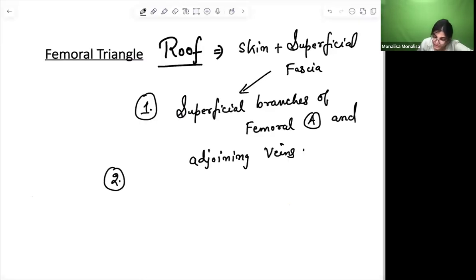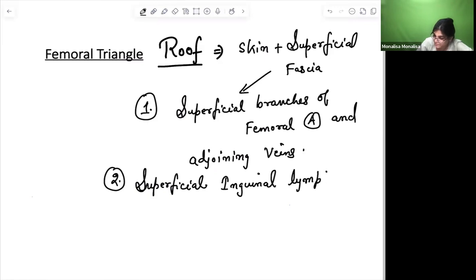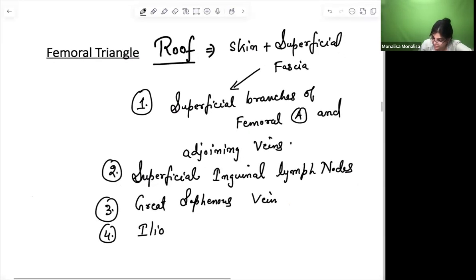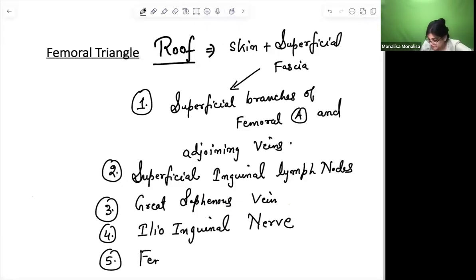It will also contain other content: superficial inguinal lymph nodes, the great saphenous vein, the ilioinguinal nerve, and the femoral branch of genitofemoral nerve.